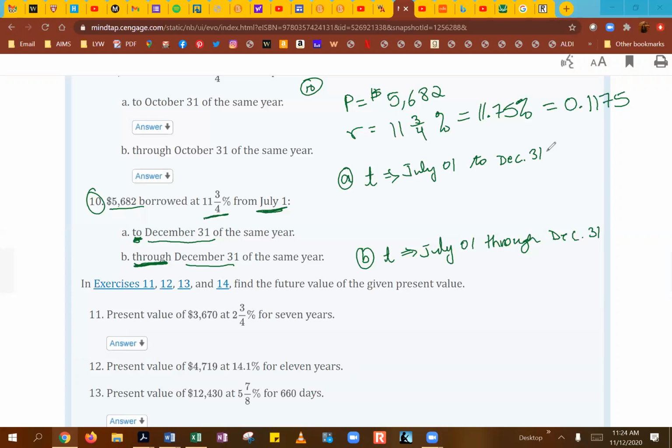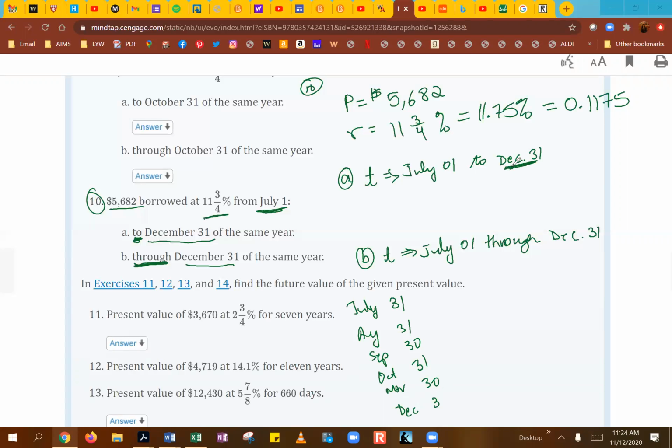Burgundy, you've got 183 days for part A. So July has 31 days. What do we have next? August is also 31 days. September is 30 days. October is 31 days. November is 30 days. And then December technically is 31 days, right?